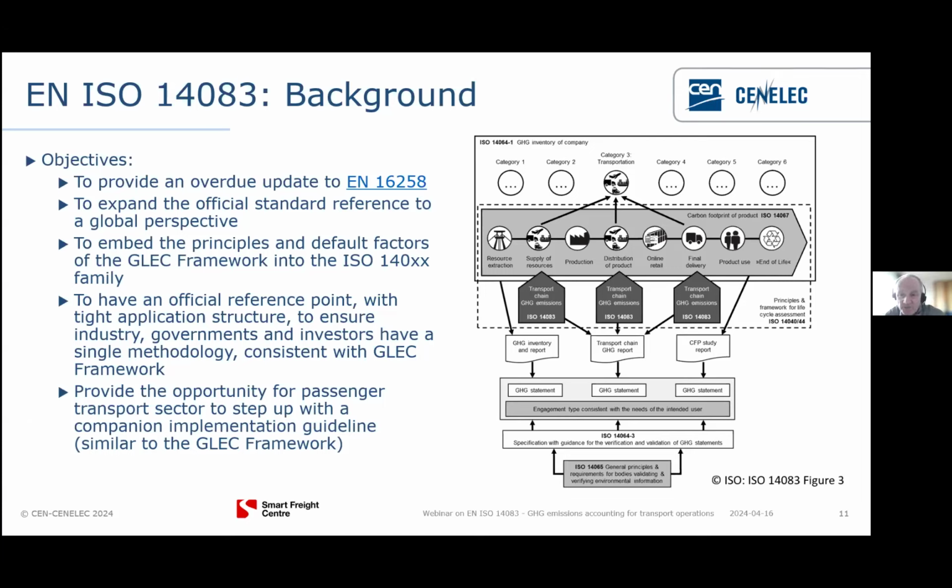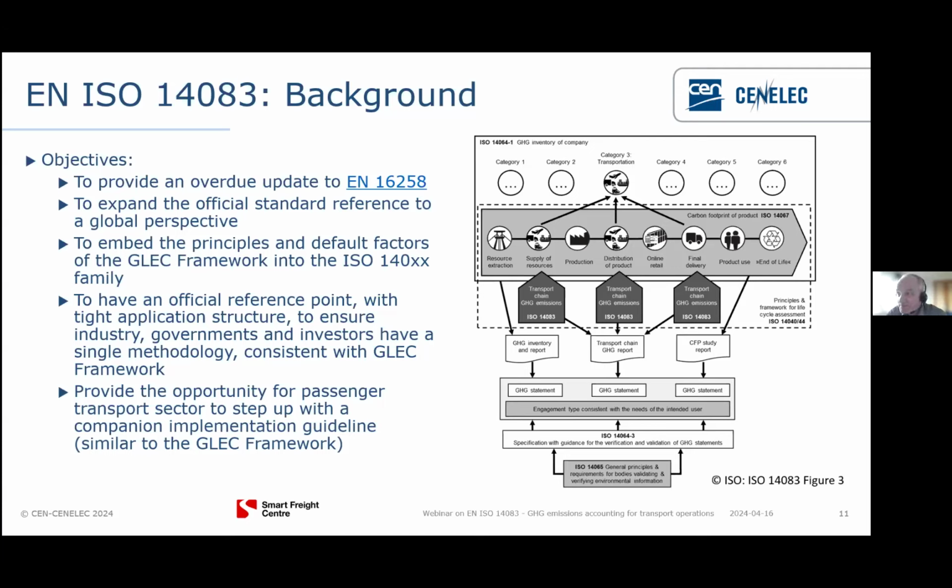And this diagram, which was produced in the relatively early stages of the process, I think was key to explain to some people actually why 14083 was needed, not only for the calculation of transport chain emissions themselves, but also how that would feed into, for example, product carbon footprints through 14067, and also the greenhouse gas inventory of companies, which is through 14064, because both of those activities rely heavily on transport in some form or another. And so the publication of 14083 really does support consistency for those activities as well.